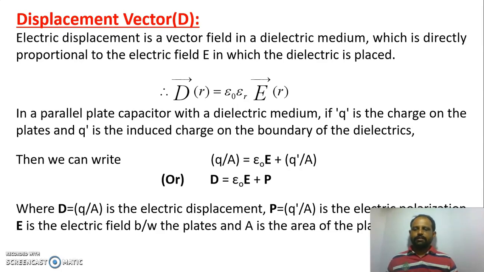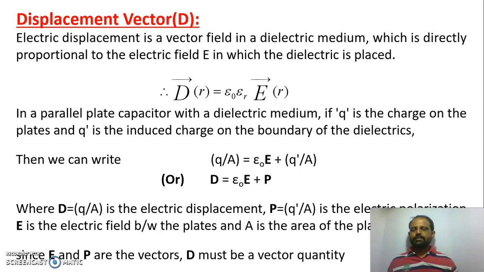E is the electric field between the parallel plates and A is the area of the plates. We know that E and P are vectors, electric field and polarization both, and they are in the same direction. Therefore D must be a vector, and the vector D is also in the direction of the electric field and the electric polarization. So this is about the displacement vector.